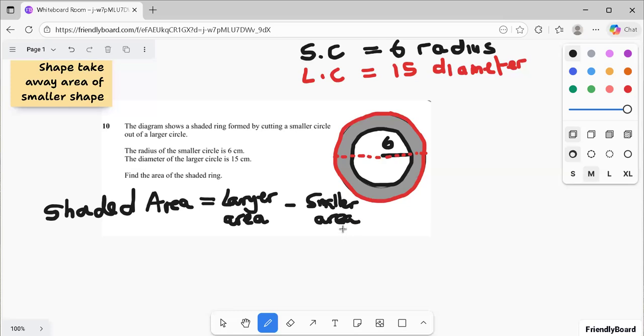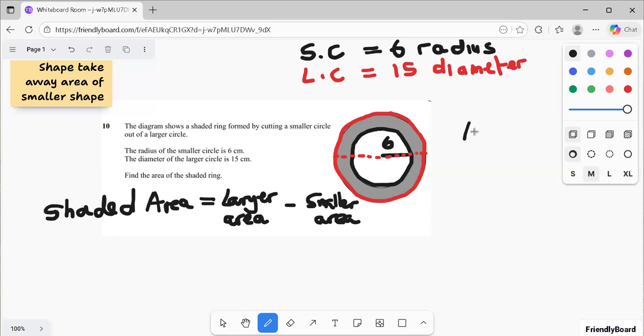All right, so I'll start by finding the area of the larger circle, the one that is in red. That is my larger circle. So you know the area formula for a circle.